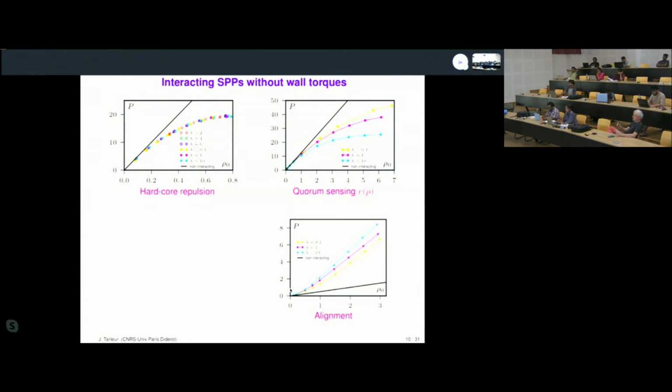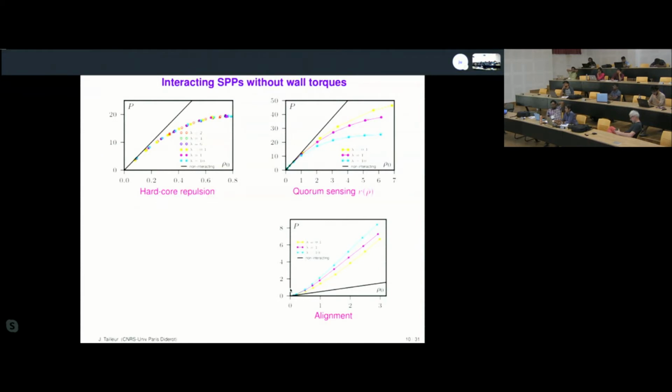Now, another type of particle interaction you can look at, on the top right, is what is called quorum sensing. Particles assume some form of energy which is stored in the environment to self-propel. So if there are a lot of you around me, you will have eaten most of the fuel and I will not be able to self-propel, so I will go slower.